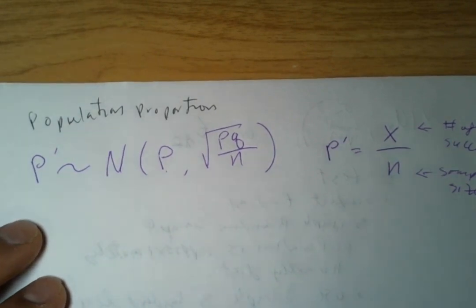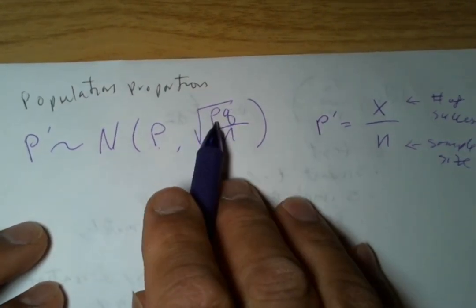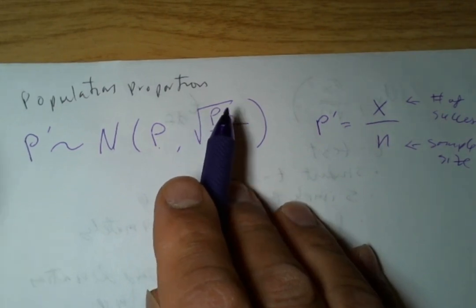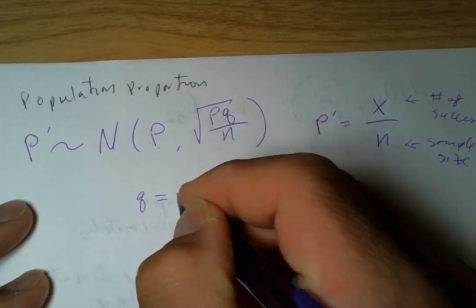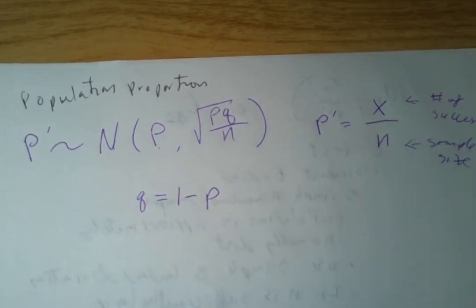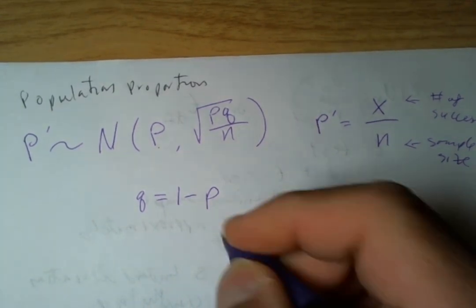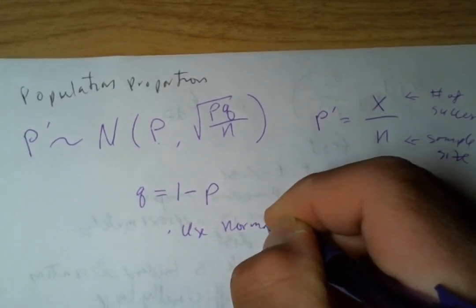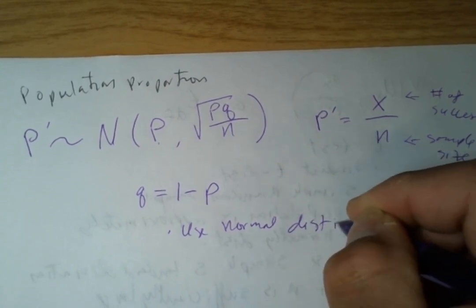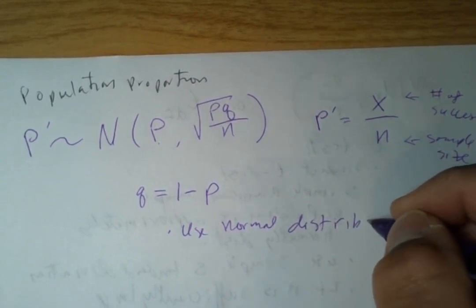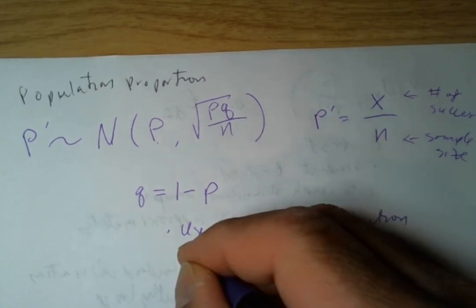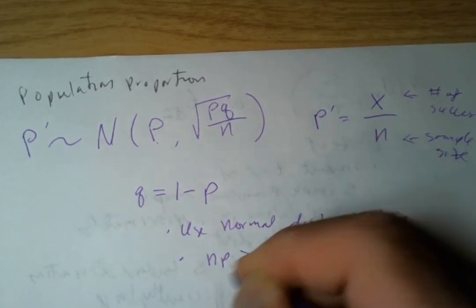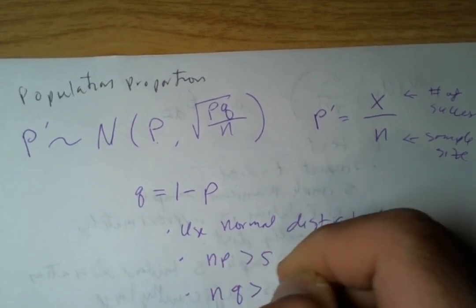Okay, and then also recall here that if P is the probability of a success, Q is the probability of not a success, right? And since both of those add up to 1, Q is always 1 minus P. Now in this case, we'll always use a normal distribution for our hypothesis testing, as long as two conditions are met: that N times P is greater than 5 and N times Q is greater than 5.